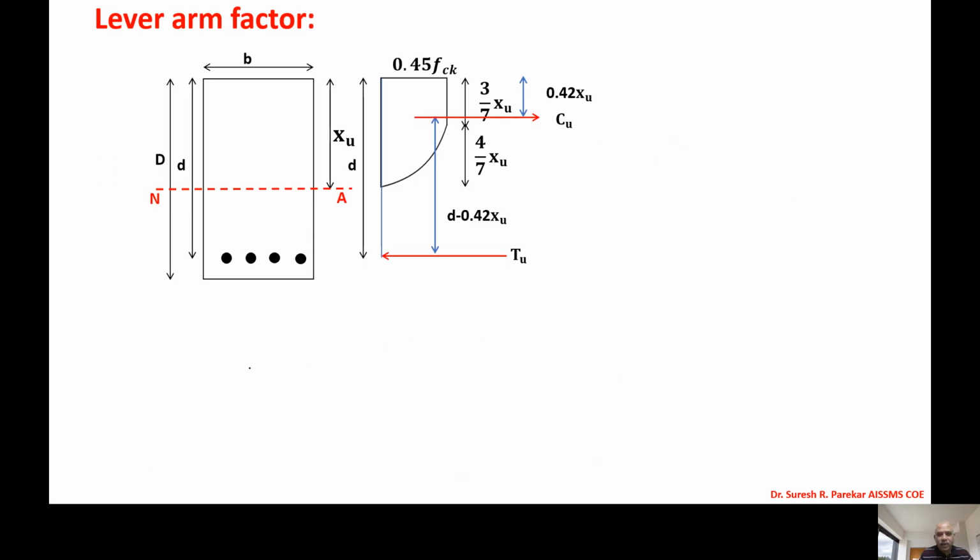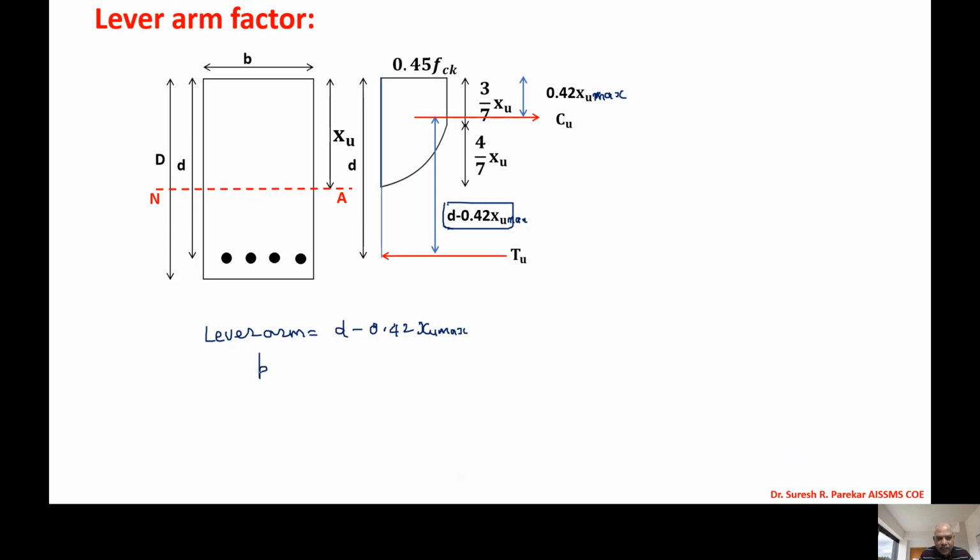Then second we have lever arm factor. So now we have calculated lever arm, we have d minus 0.42 Xu. So this I will say as max, this is 0.42 Xu max. We are calculating critical, critical means for balanced section. So we have lever arm equal to d minus 0.42 Xu max.